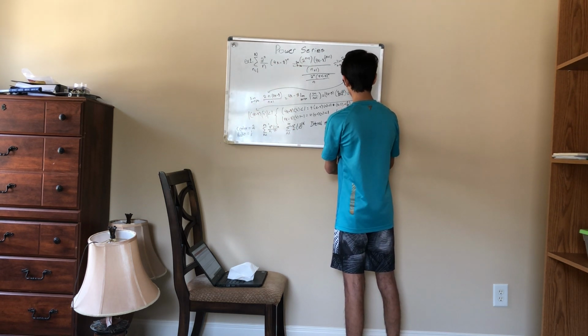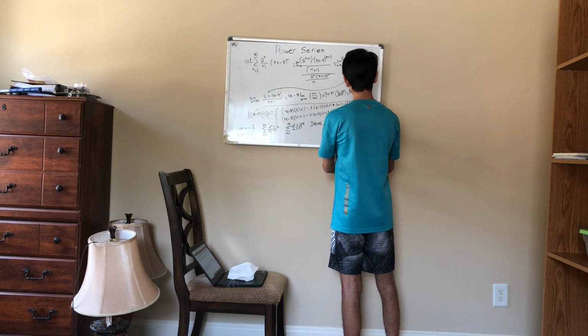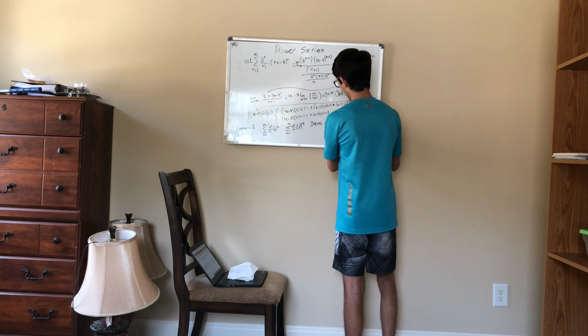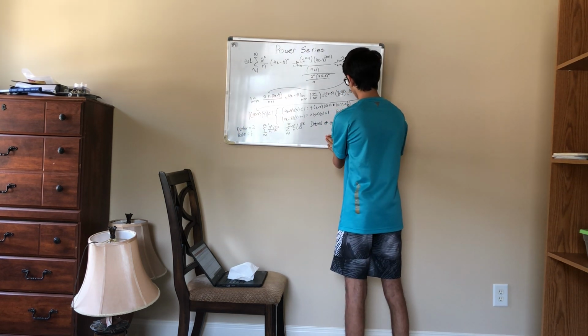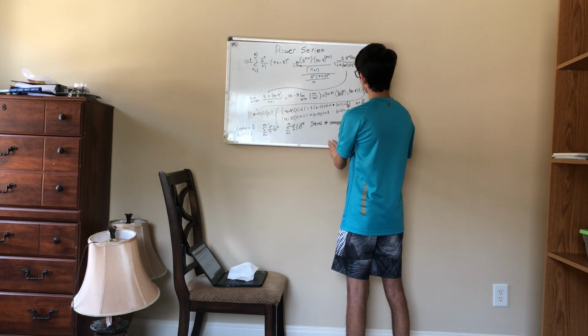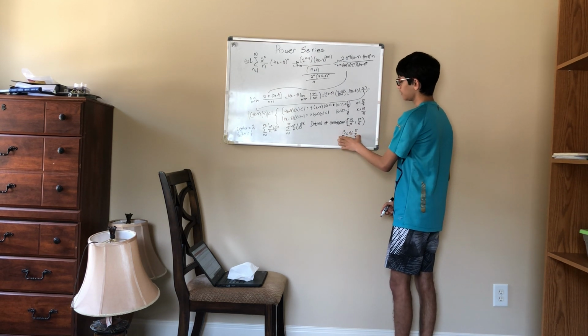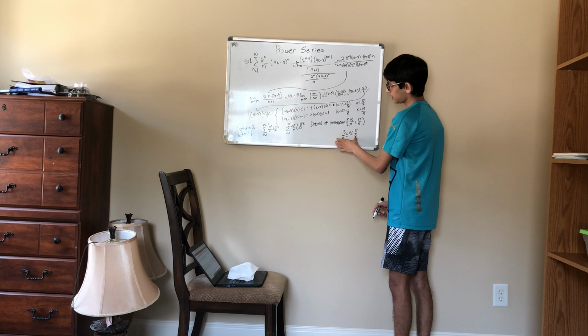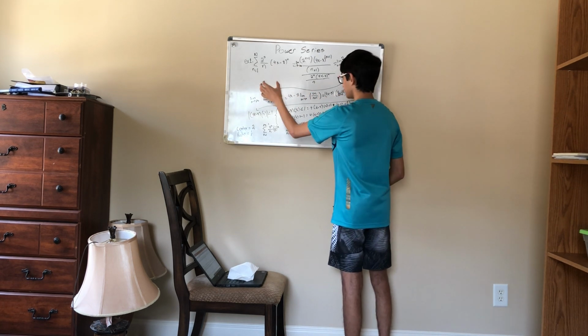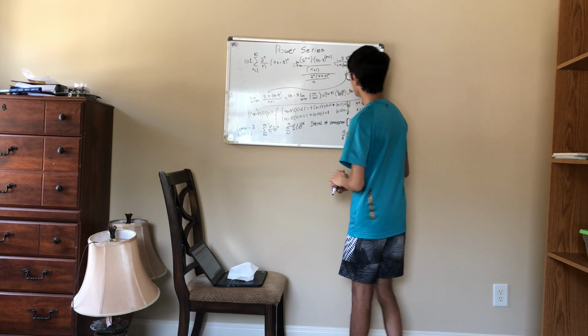So it'd be inclusive 15/8 to 17/8 exclusive, or you can rewrite this as 15/8 is less than or equal to x, which is less than 17/8. And this is all the values of x that you can have that would allow this sum right here to converge to a value, right?